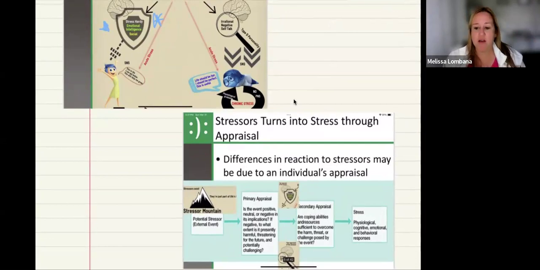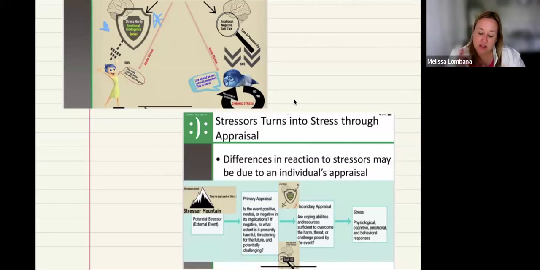Obviously, if it's negative and could harm us, it can cause us more stress, and it gets us into that sympathetic state. But if we look at it like, okay, this is not catastrophic, I can deal with this type of stressor, then typically you're able to use your resources wisely.